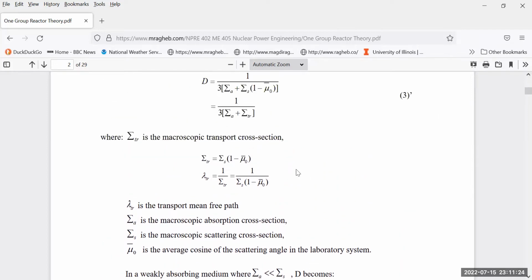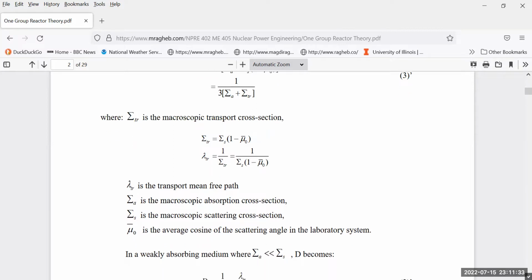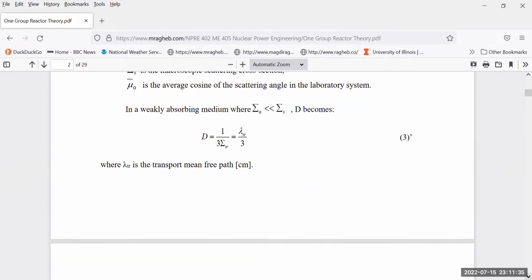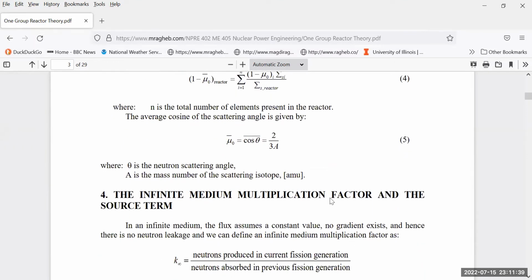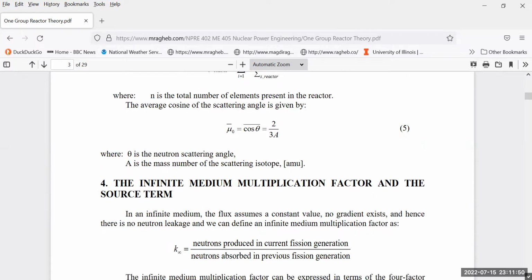And this in turn is described as a modification of the macroscopic scattering cross section by 1 minus μ₀. I'm describing this because we are going to use it later on for an example and in some computation. So remember that μ₀, the average cosine of the scattering angle, is 2 divided by 3A. Very simple description right there.